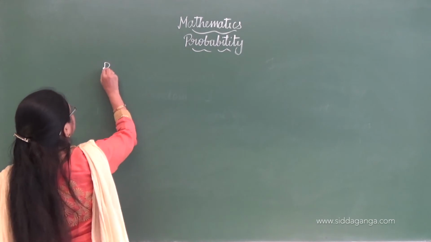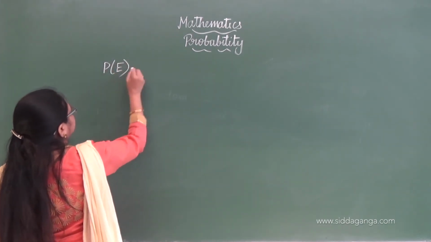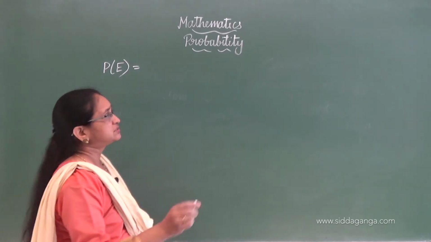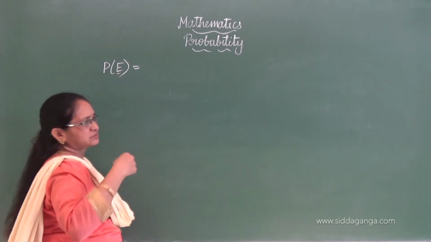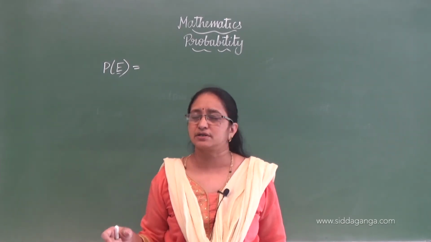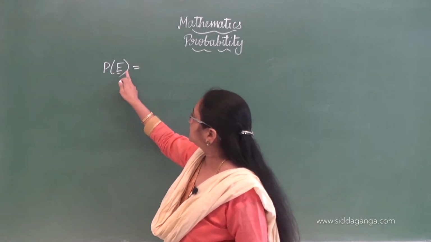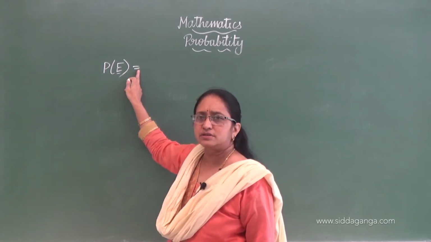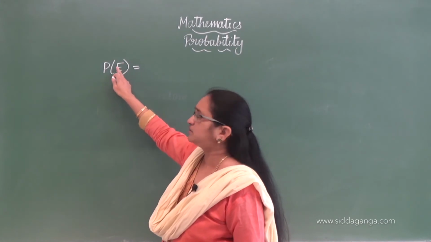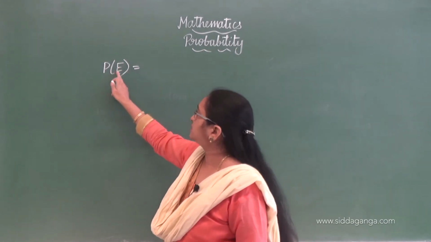Okay, probability formula. P of E we will represent like this, probability of an event. E is replaced according to the situation, like getting an odd number when the die is rolled. So instead of E you can write the event there.